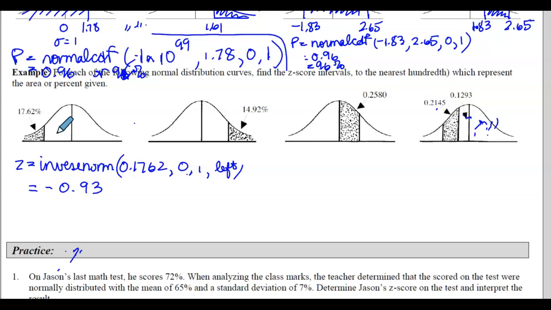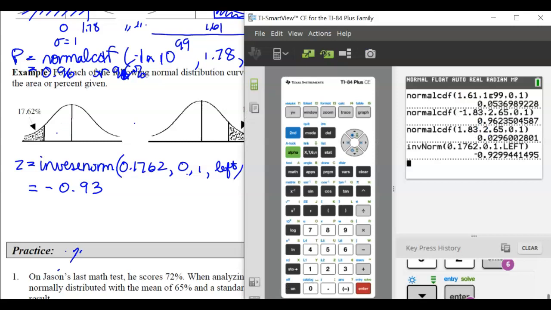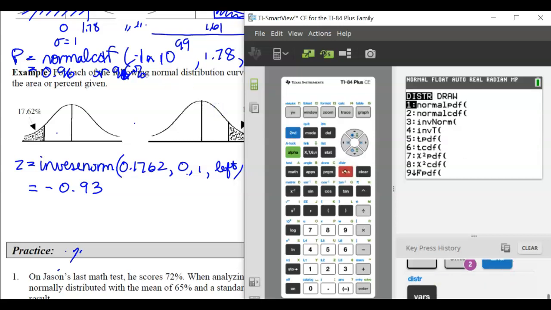Now, the next one is on the right, so the right tail of it. In this case, you could actually go in and copy this, but because of it being on the right instead of the left, I'm going to just redo it.